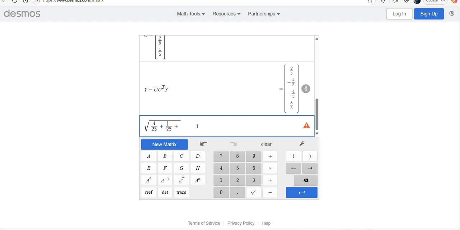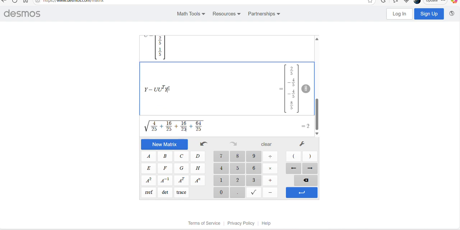Actually, sorry, that's 16/25, plus 16/25, plus 64/25. And so we want to get rid of both of those sixes. But hold on, it's not 256, it's 25. Typo city.